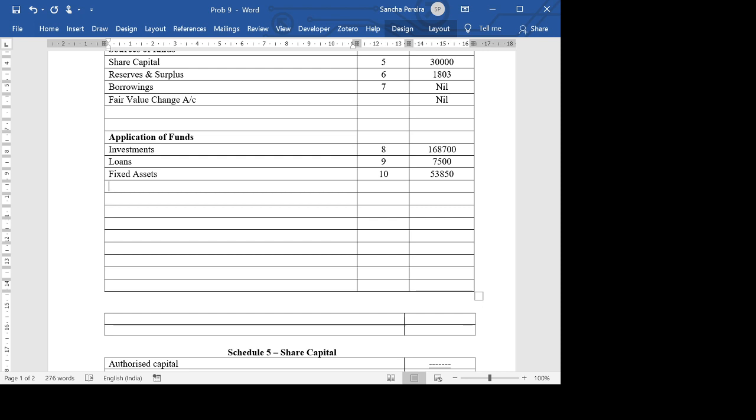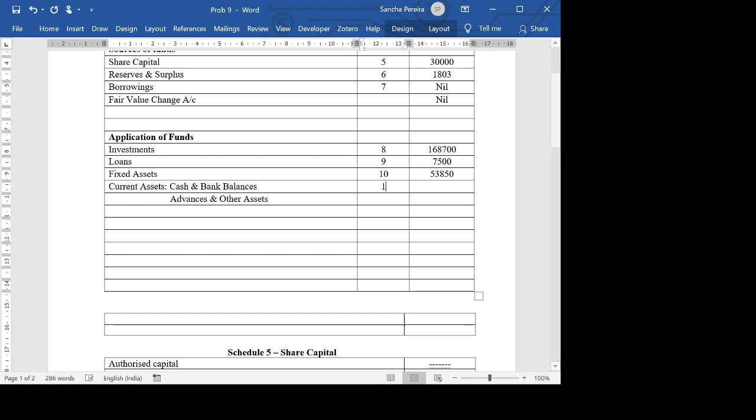We next go to our current assets. Under current assets, we have two items: cash and bank balances, and advances and other assets.